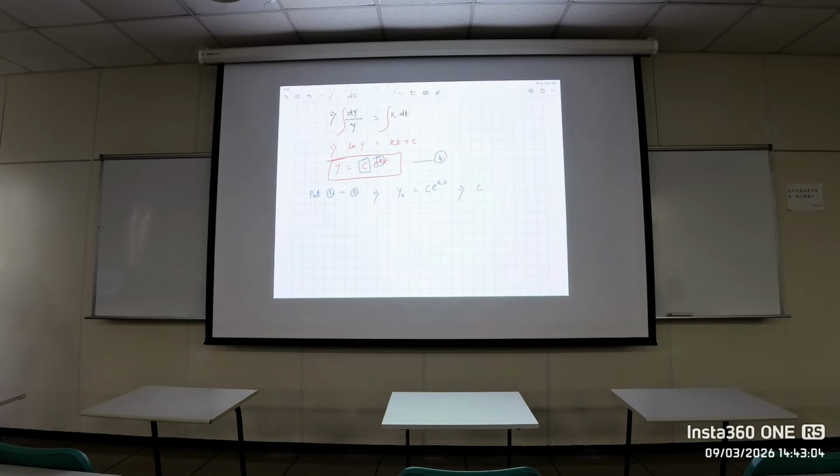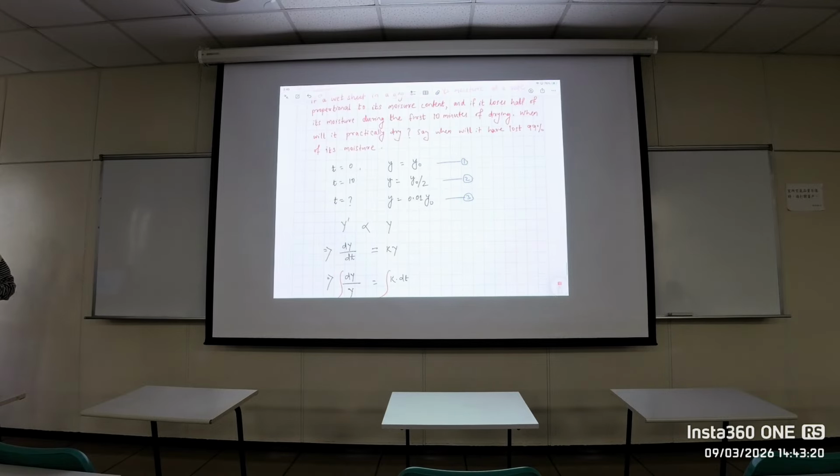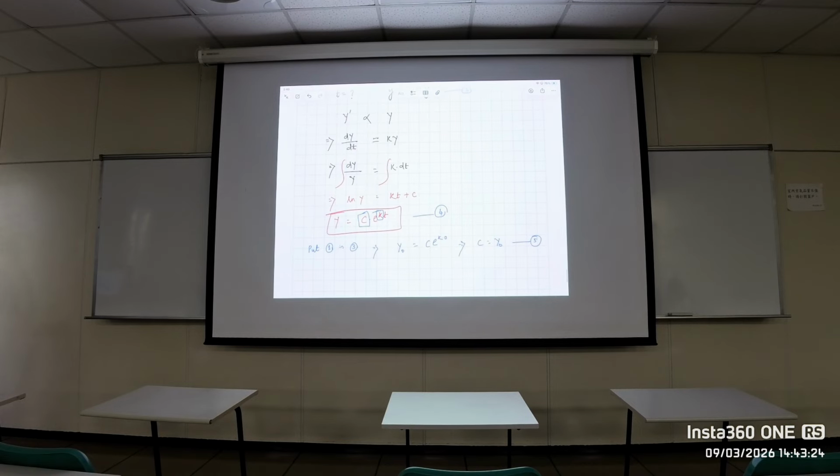That is giving us c is equal to y0, which is my, let's say, 5. I just number the equations 1, 2, 3, 4, and 5. I just put the value of 1 in 3. Sorry, in 4. In 4.